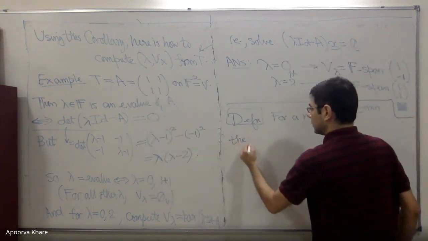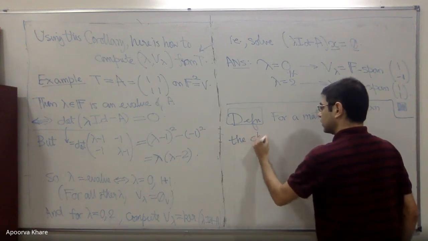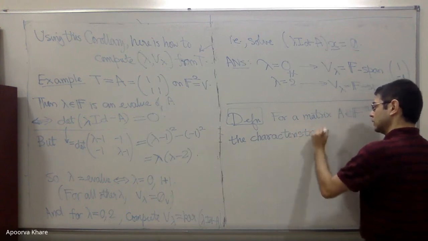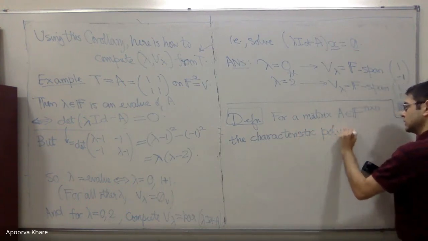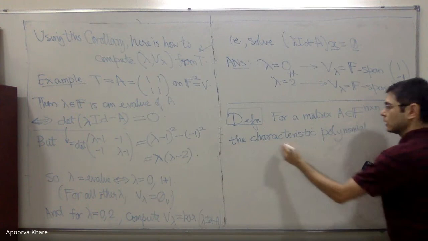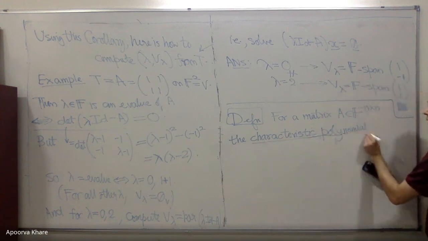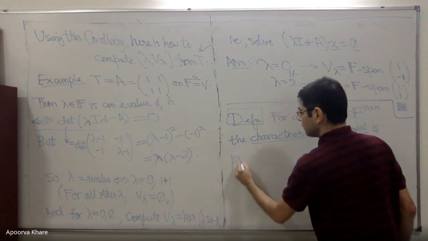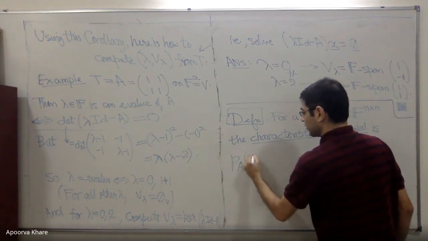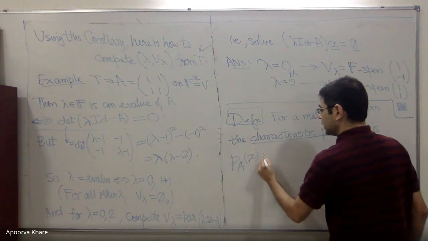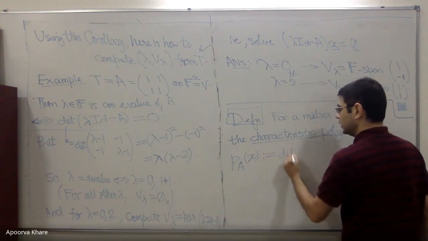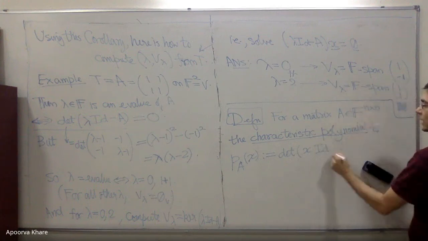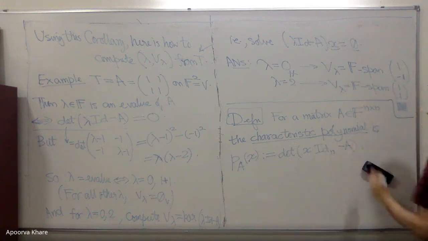The characteristic polynomial is exactly this. We give it a name. It's P subscript A of x, defined to be the determinant of x times identity minus A. If A is n cross n, then the identity is n cross n, obviously.